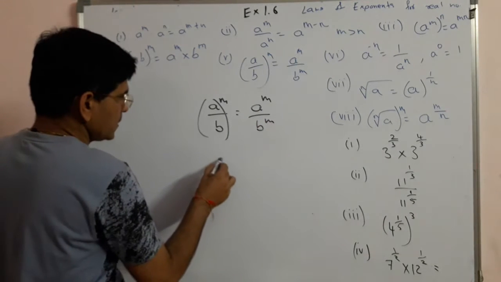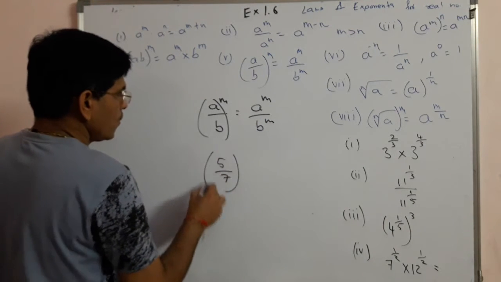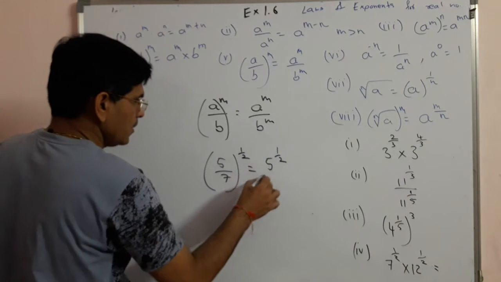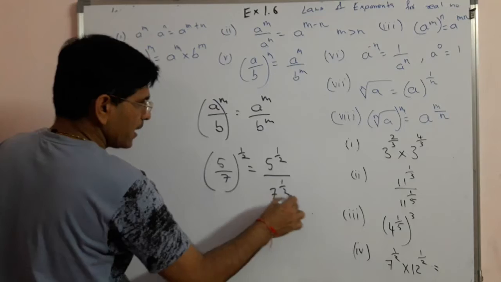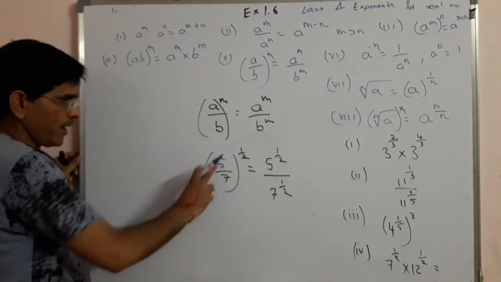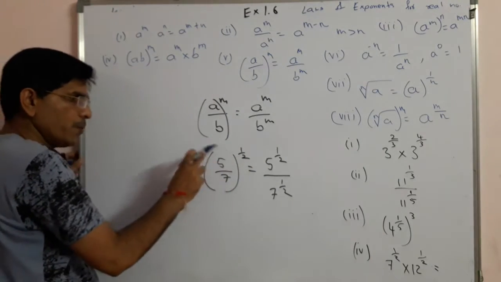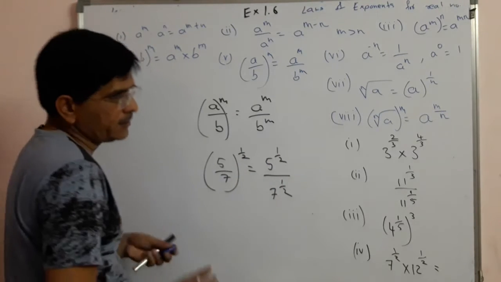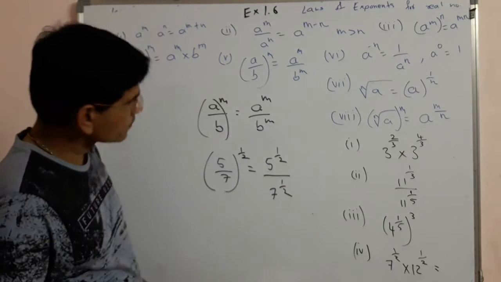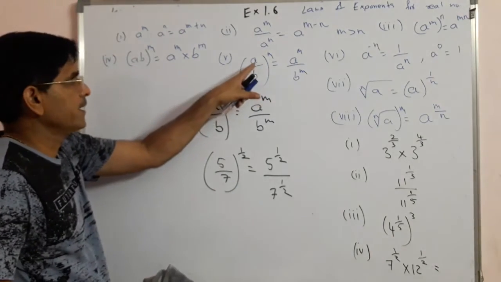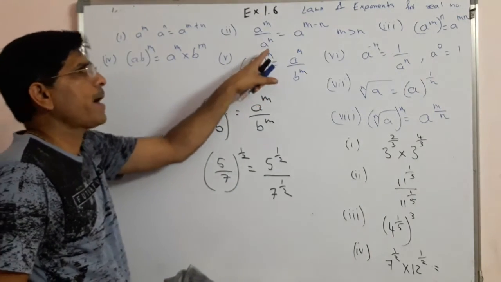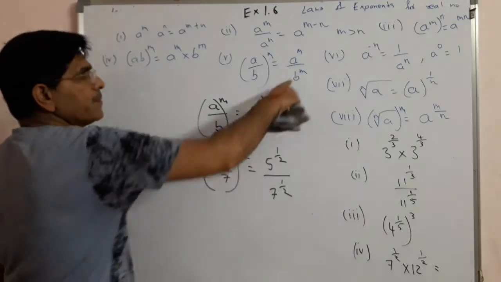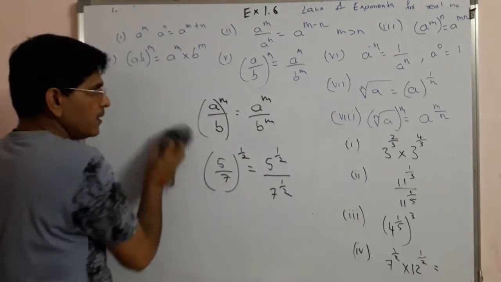If the question is (5 upon 7) to the power 1 upon 2, then I have to write 5 to the power 1 by 2 and 7 to the power 1 by 2. 5 by 7, bracket open. If I open this bracket, then 5 to the power 1 by 2 divided by 7 to the power 1 by 2. Again, A upon B whole to the power m, the whole power is there. Then I have to open the bracket: A to the power m and B to the power m.